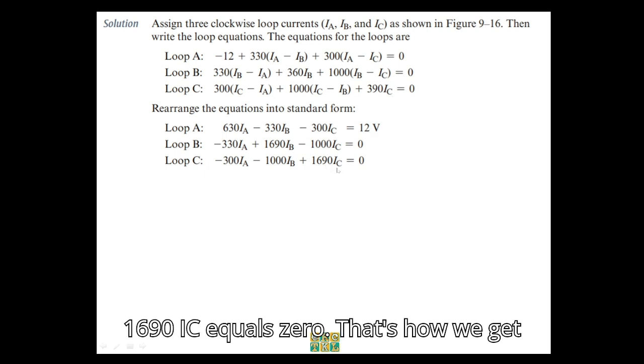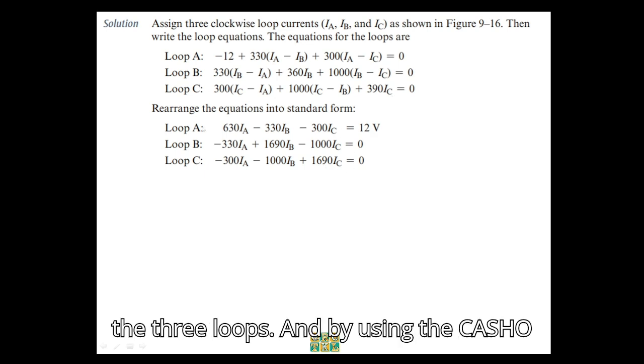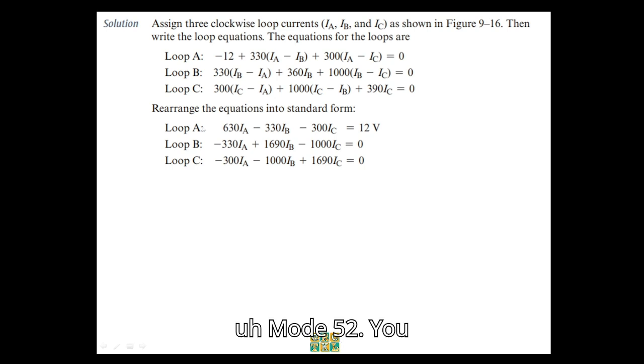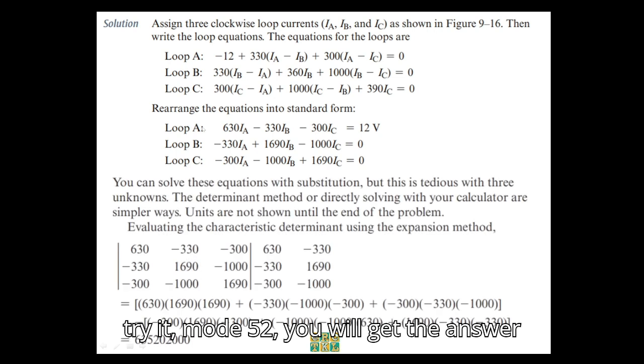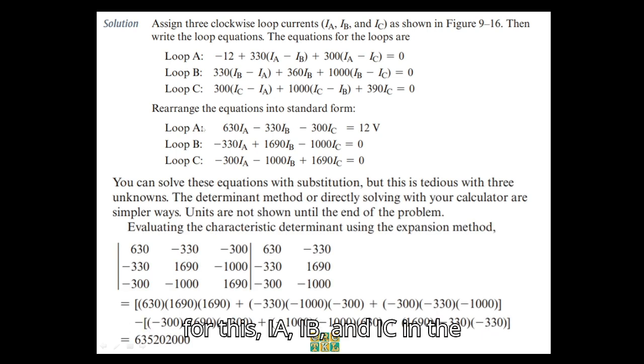We will get 1690 IC equals 0. That's how we get the three loops. And by using the Casio mode 5.2, you try it, you will get the answer for IA, IB, and IC in the form of X, Y, and Z.